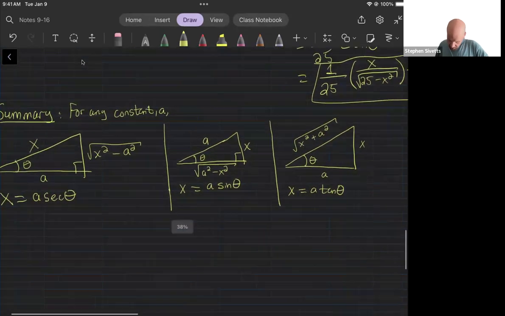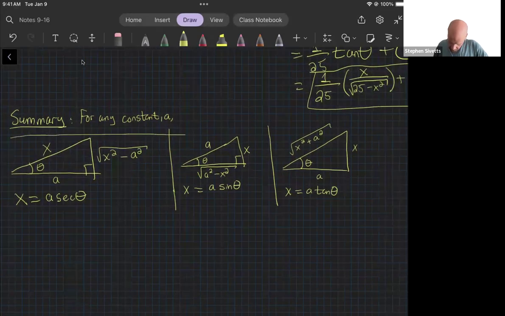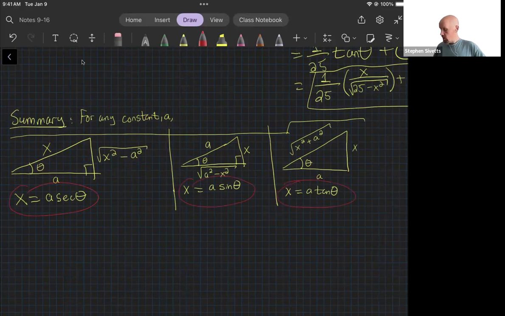So in summary, for any constant a, you'll have these relationships here. You want to use these substitutions for each of the corresponding relationships between x and your real number a. So keep in mind these different types of relationships here. But that's essentially it.